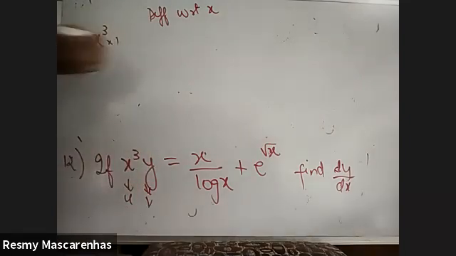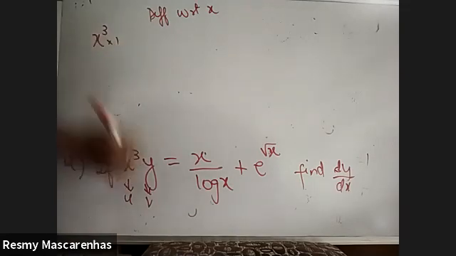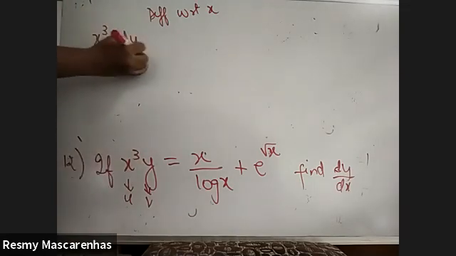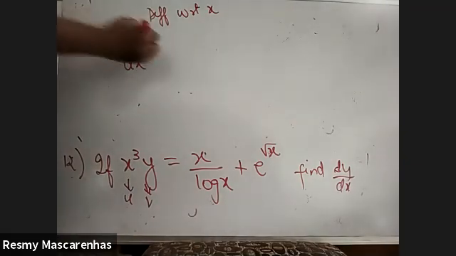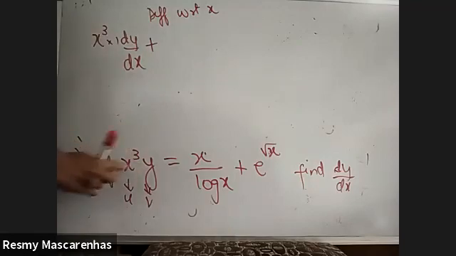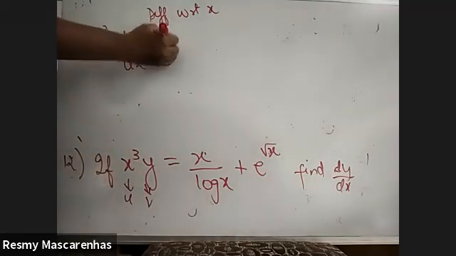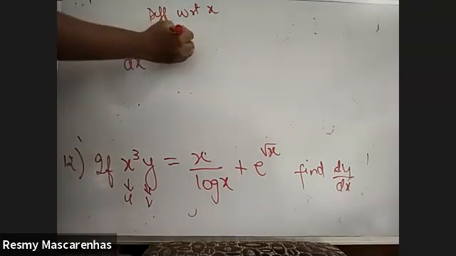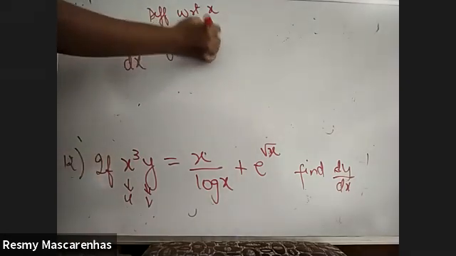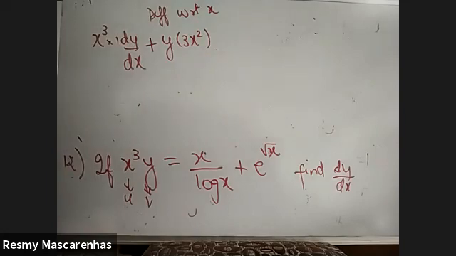So that will be 1, same like x 1, same way y will be 1. But this is y, so extra what you have to write, dy by dx. Then plus v into derivative of u. Y into derivative of x cube will be 3x square. Okay, so this part is over.